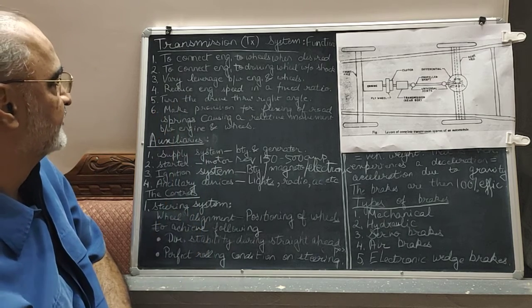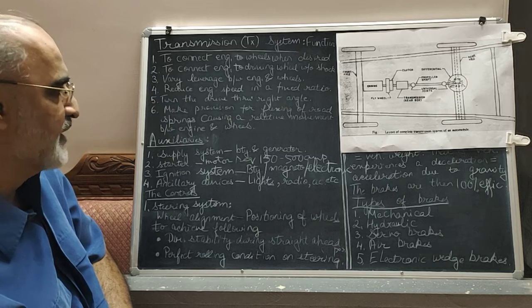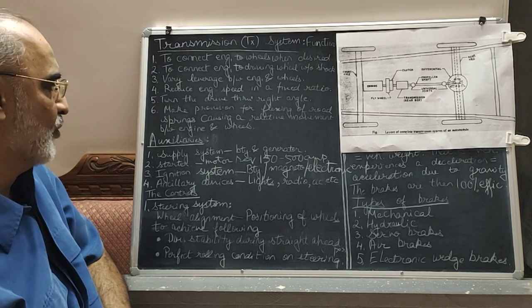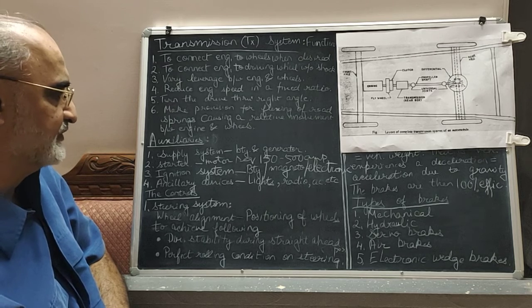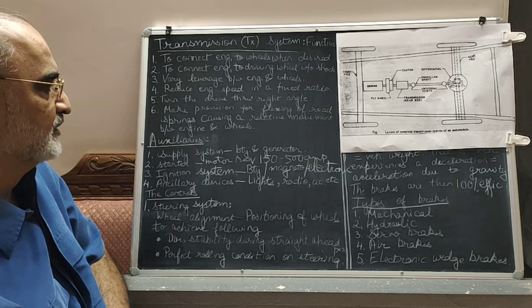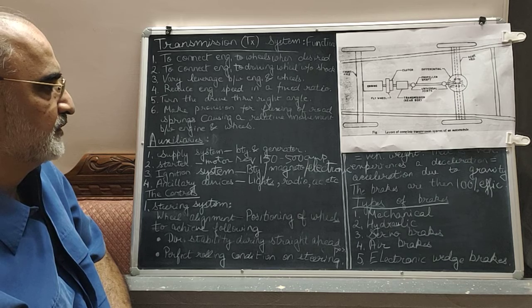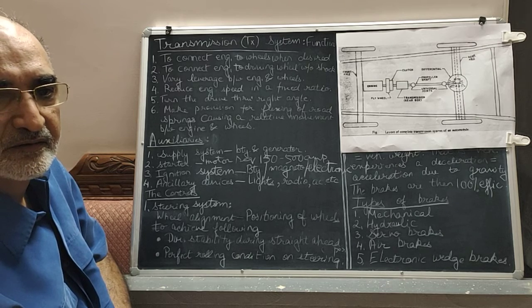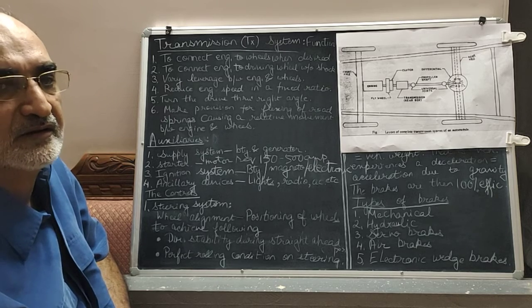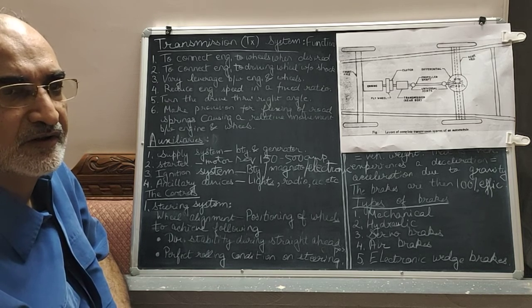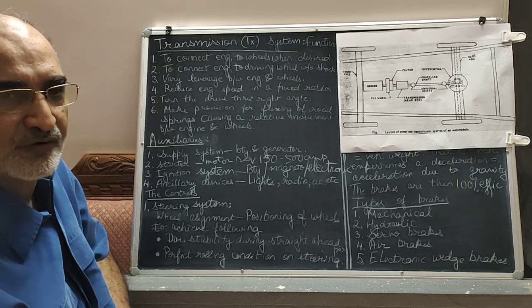The sixth point, the function is to make provision for flexing of road springs, causing a relative movement between engine and wheels. If you have seen a tractor pulling a trailer and the trailer does not have any road springs, it makes quite a racket on the road.